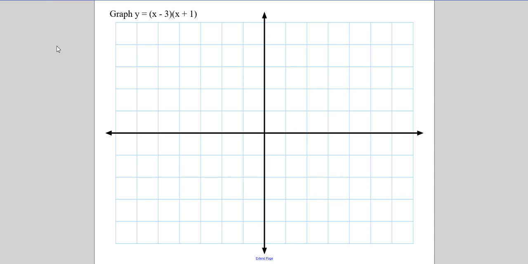So we have this in factored form. Our factored form, we already know what our zeros are now, so we'll set this equal to 0.